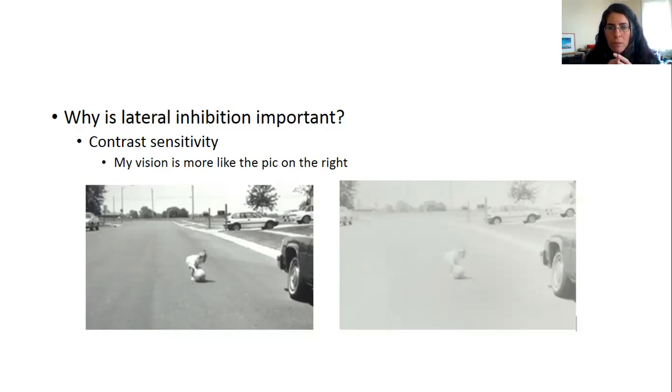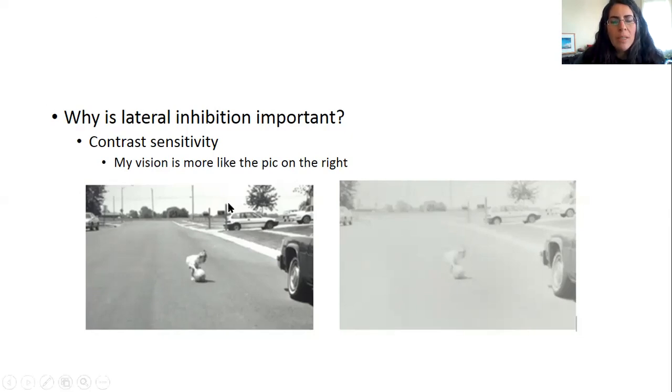Color can create contrast, but it's being able to separate an object from the background or a figure from the ground, okay? And again, lateral inhibition will sharpen the boundaries or the edges of a particular object, which has it stand out from the background once those features are combined, right?